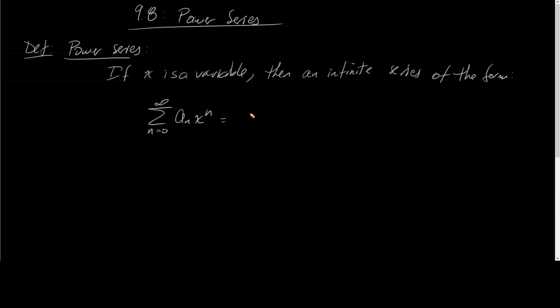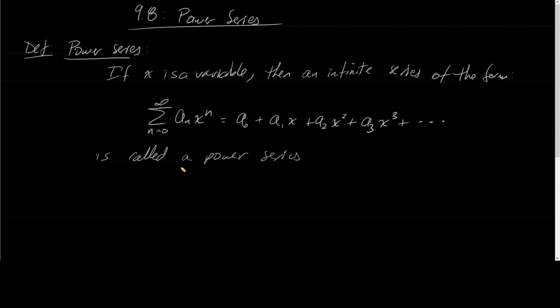In other words, what we're saying is a naught plus a sub 1 x plus a sub 2 x squared plus a sub 3 x to the third, so on and so forth, all the way through infinity. So if we have a series in that format, then that's called a power series, essentially because we've got powers of x there.